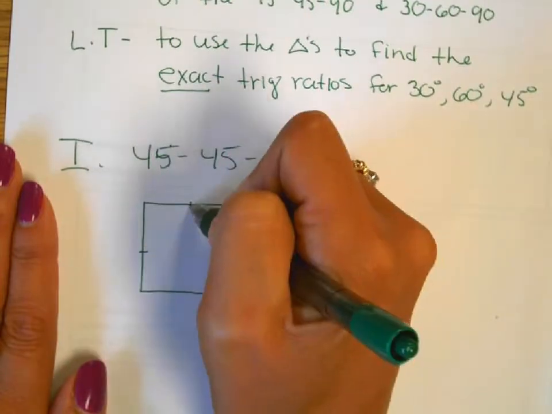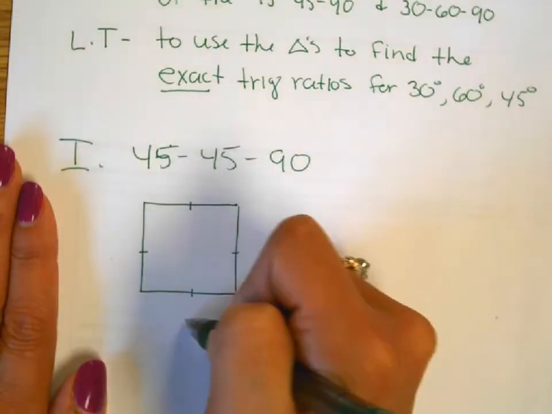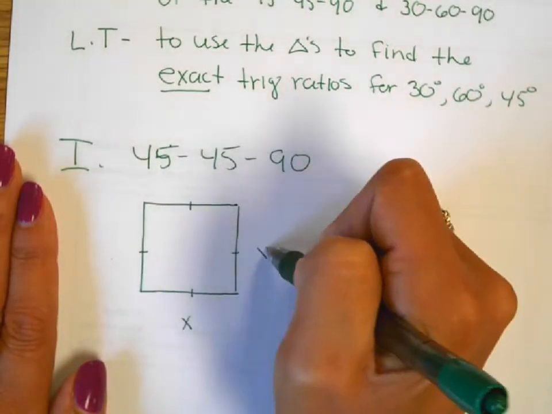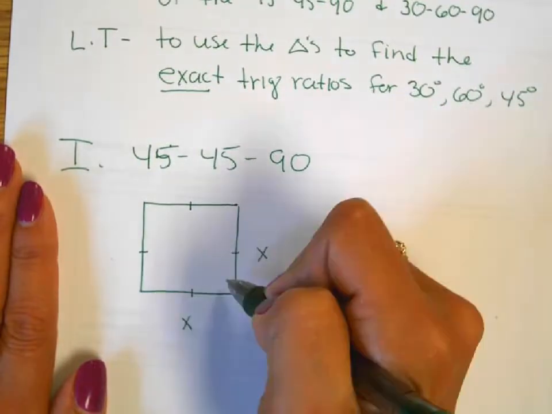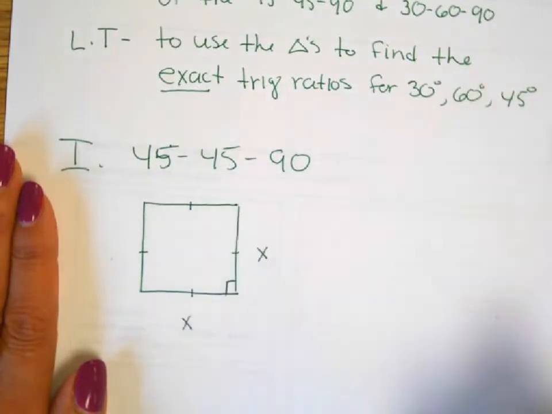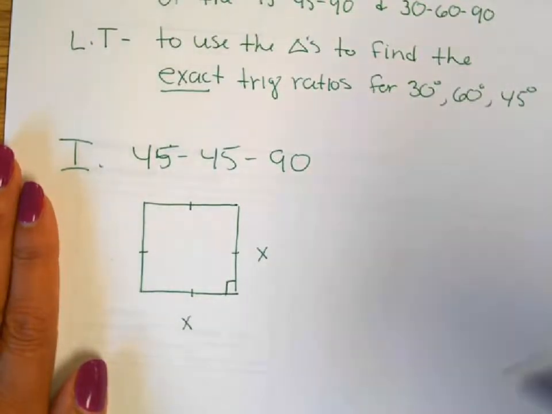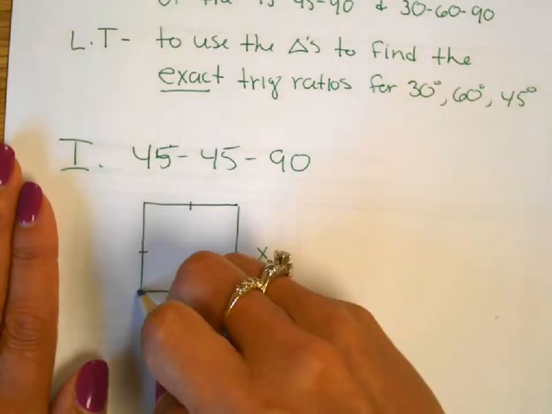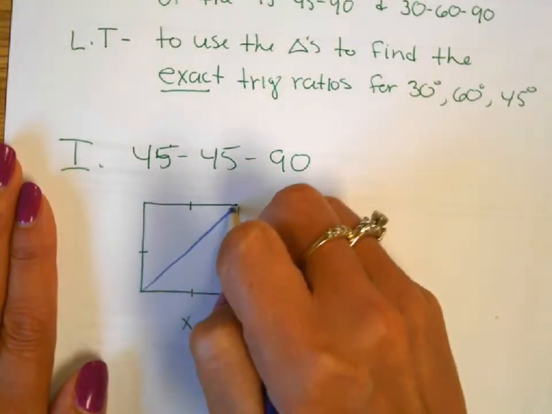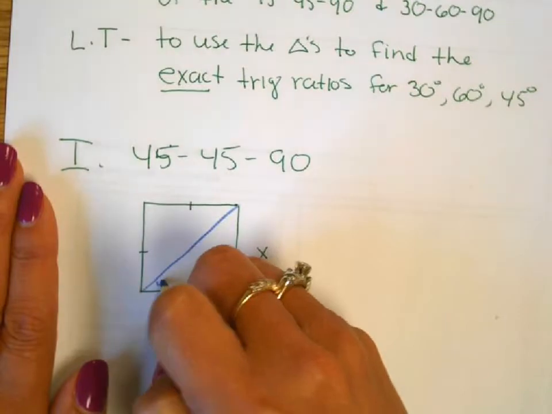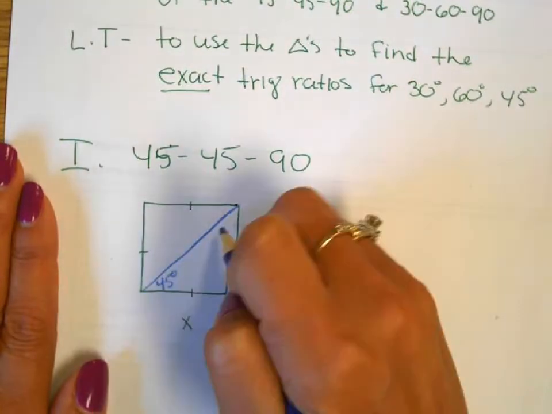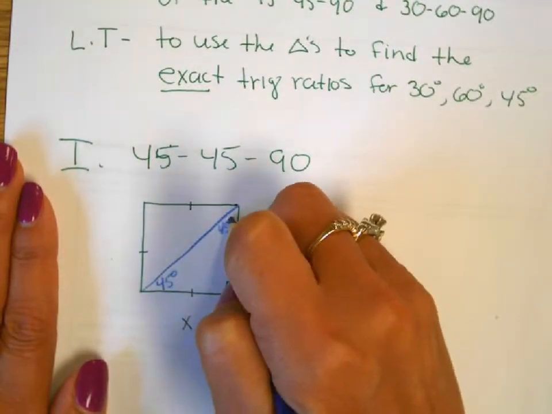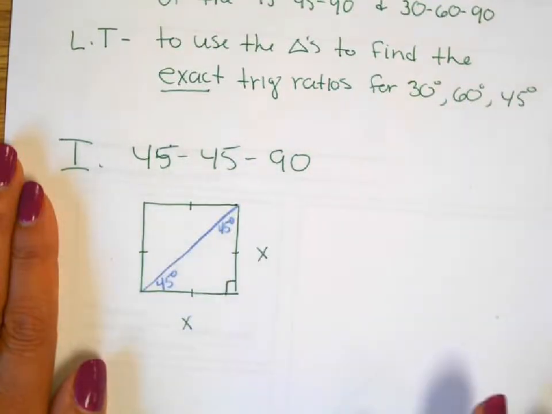They are equal. All these sides are the same, and they're 90 degree angles in the corner. When we draw in the diagonal, we create that very special right triangle, the 45, 45 right triangle.